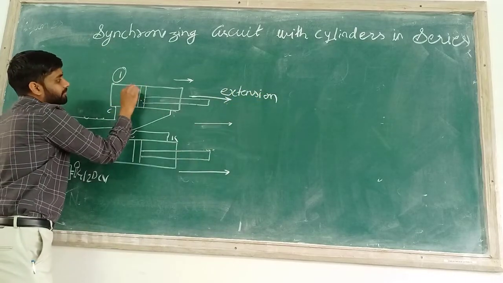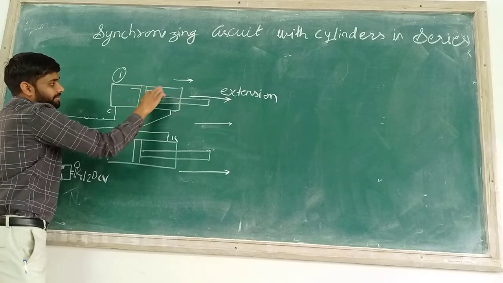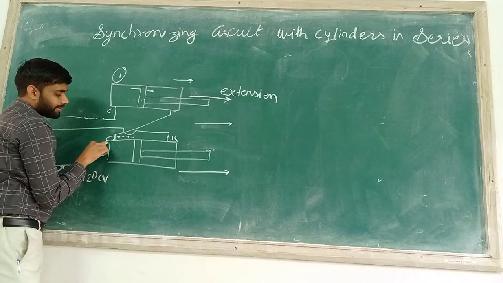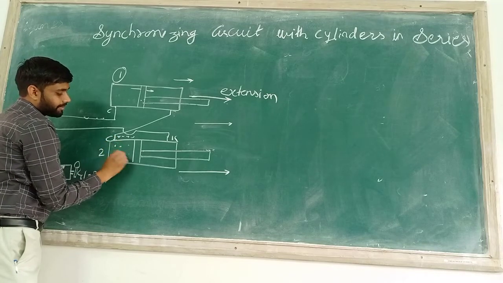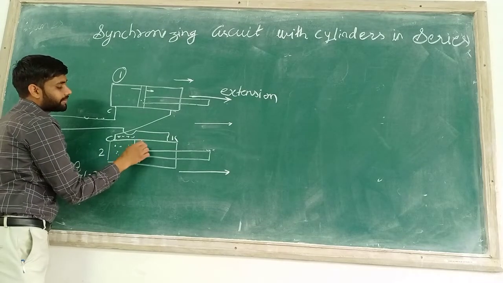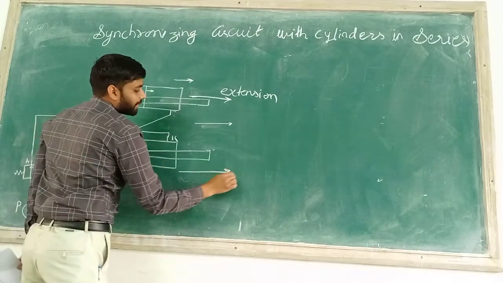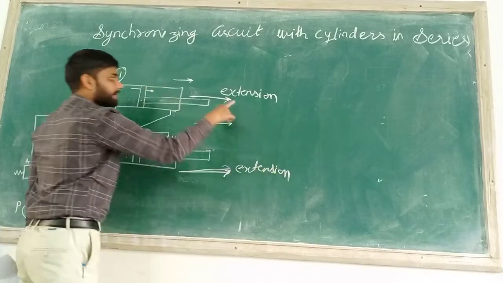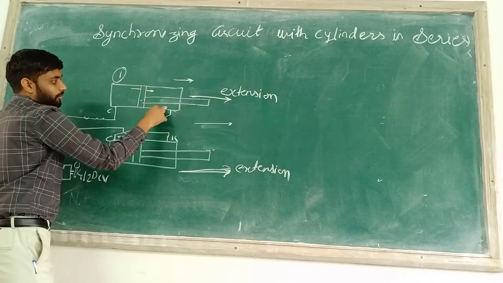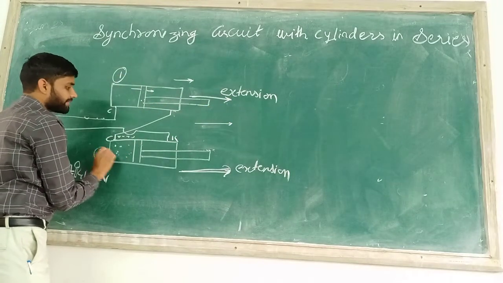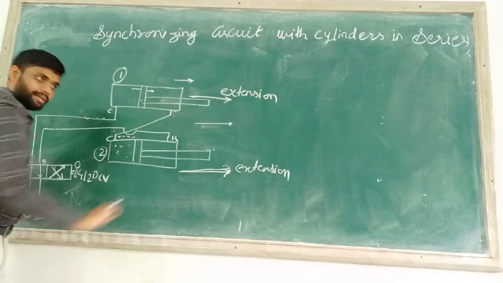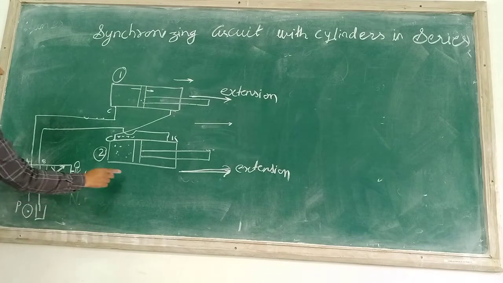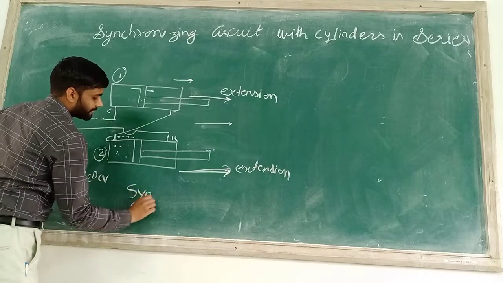As this piston moves in that direction, the liquid in this region starts to move into cylinder 2 through this port C. That's why this piston again moves in the outward direction and we get the extension here. Means extension of cylinder 1 occurs, the oil from this region moves to this region, and we get the extension of cylinder 2. Both the cylinders are extending at the same time. That's why we can call it a synchronizing circuit.